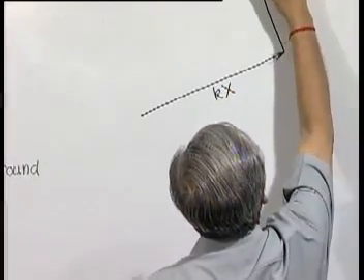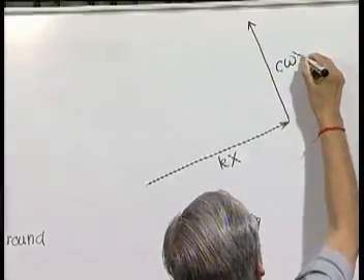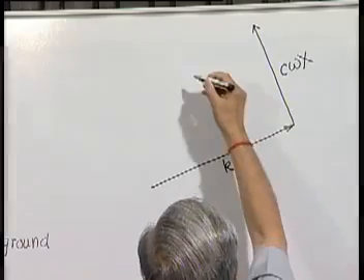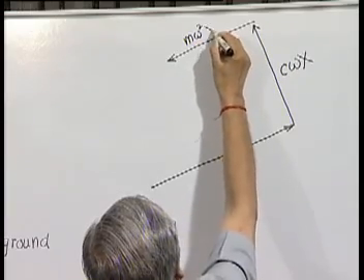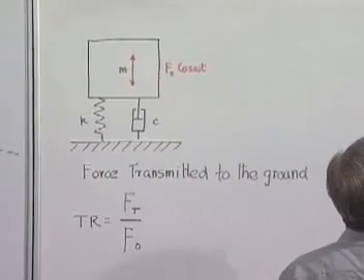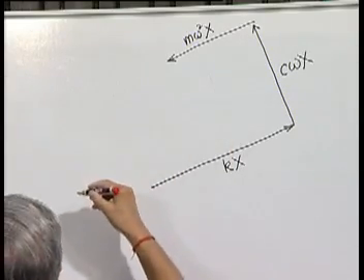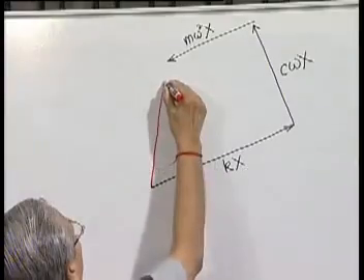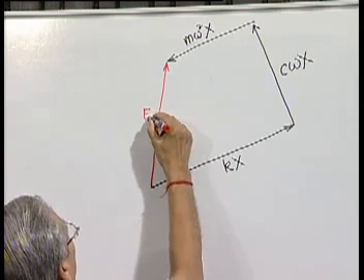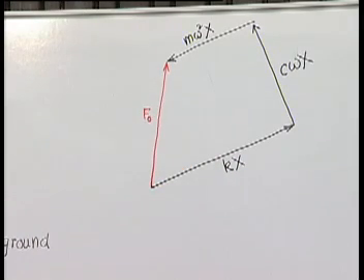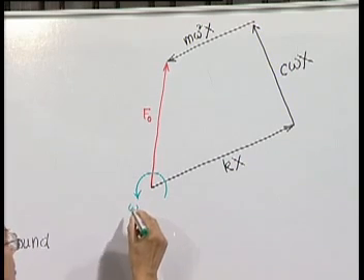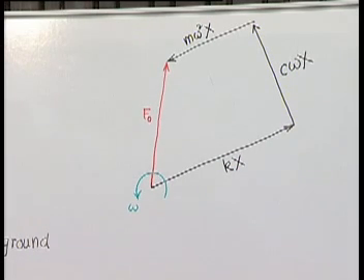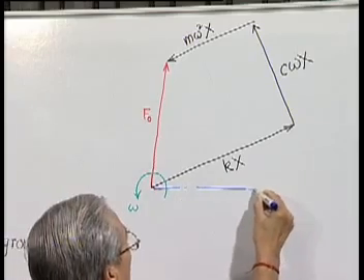The damper force is represented by this rotating vector leading the spring force by 90 degrees, and of course, inertia force is represented by this rotating vector, and all these three we know that must the whole thing is rotating with fixed RPM omega, and the real values at any instant, as we have been mentioning again and again, are actually the projections on some reference line.